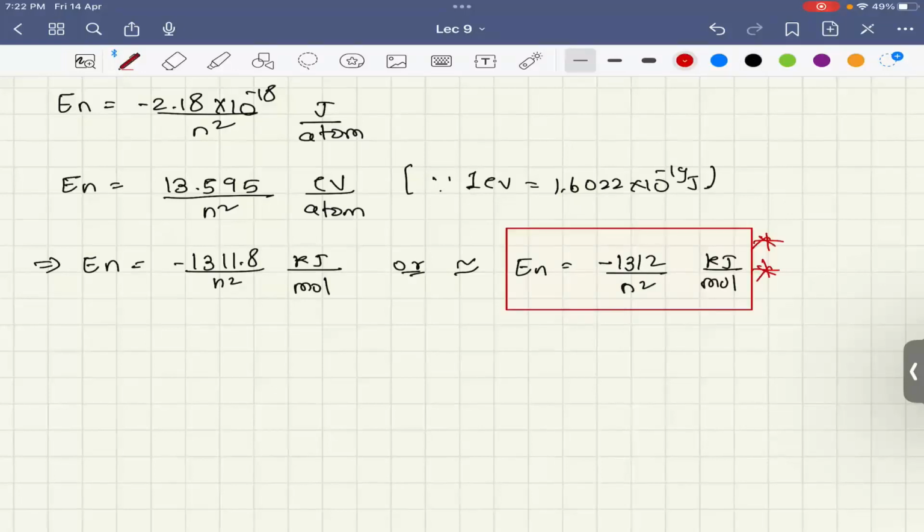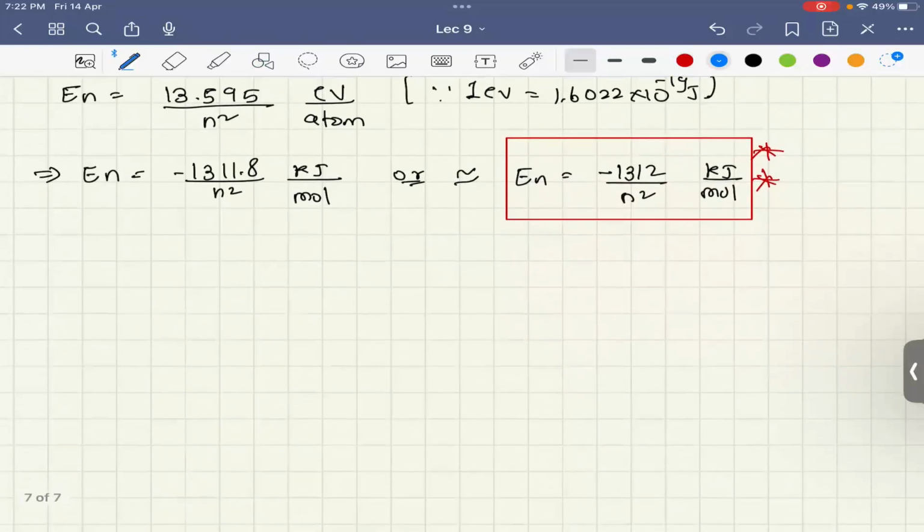Thus, for each value of n, there exists a possible energy level for the electron. So substituting n equal to 1, 2, 3, 4, we obtain E1, E2, E3, and so forth. So these integral numbers n1, n2, n3, n4, expressing stationary states of the atom, are known as principal quantum numbers. This is a new terminology; we are just giving the name.